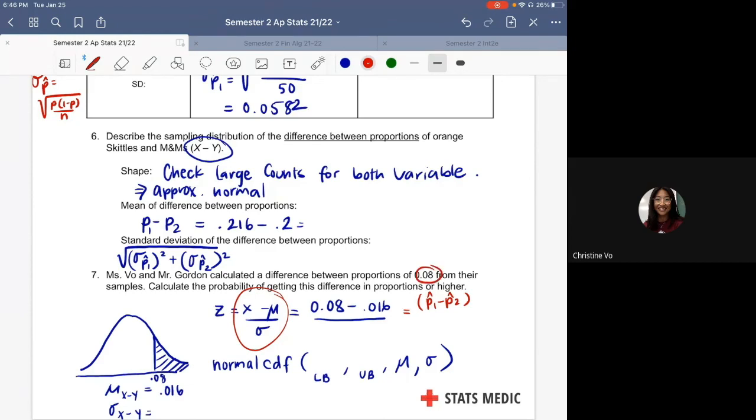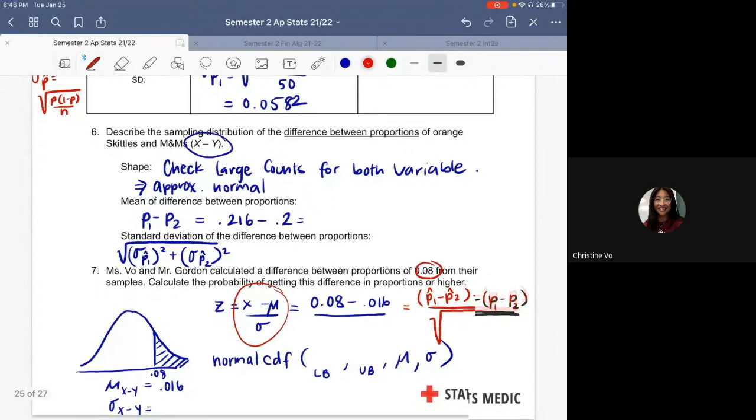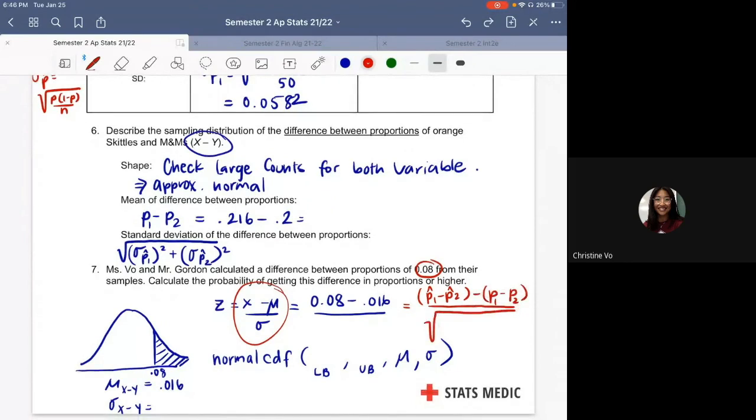Then we subtract that from both of our means being subtracted from each other, and divide that by our technical standard deviation. Our technical standard deviation is the square root of P1 times 1 minus P1 over N, plus P2 times 1 minus P2 over N. Okay, so those are our technical formulas there.